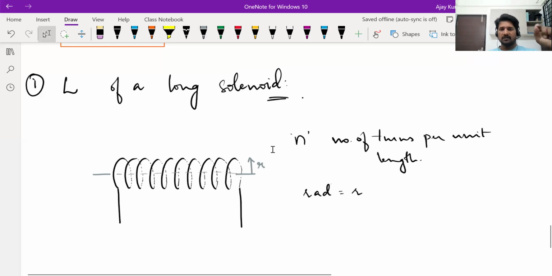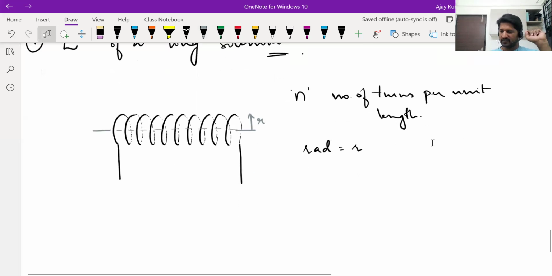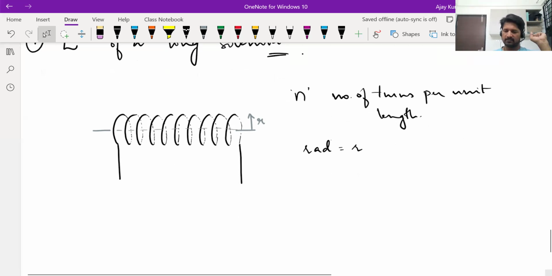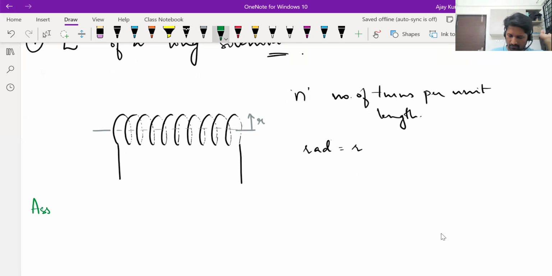Now, what we want is the self-inductance of the solenoid. Not just in this case, in any case, if you want to derive inductance, assume some current flows through it. So assume the current in the solenoid is I. When current passes, it produces a magnetic field.